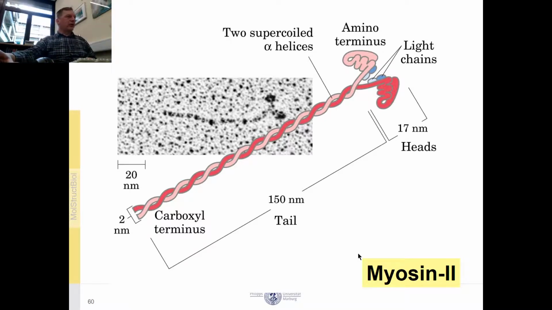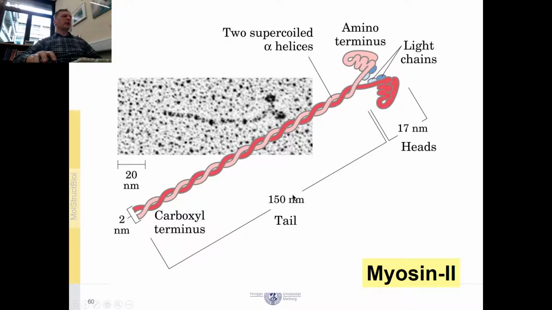So myosin also has this structure that in some ways reminds us a little bit of what we have seen with the kinesins. They have the carboxyterminal tail that is forming these long dimers. This is a coiled helical region. This is a tail. It's about 0.15 micrometer long.